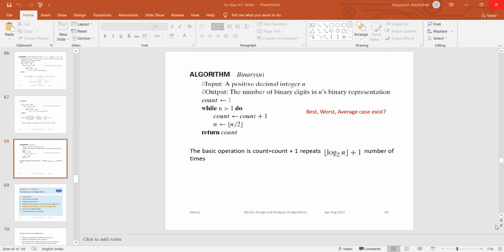Can you tell what digits means? I'm asking you digits, not binary digits, just tell which digits we have. 0 and 1?